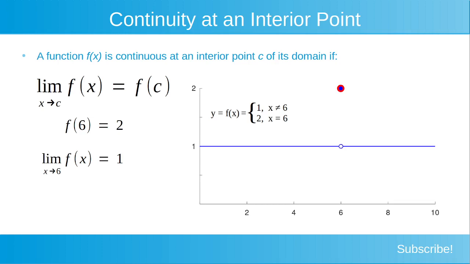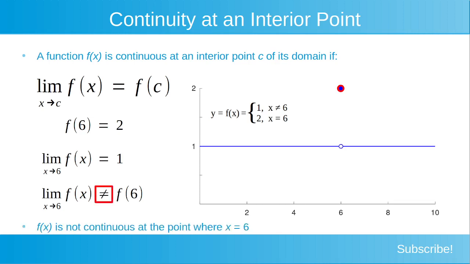As our value of x gets closer and closer to the value 6, our function f of x approaches the value 1. So our limit as x approaches 6 of f of x does not equal the function value at that point, f of 6. So by our definition at the top of the screen, f of x is not continuous at the point where x is equal to 6.